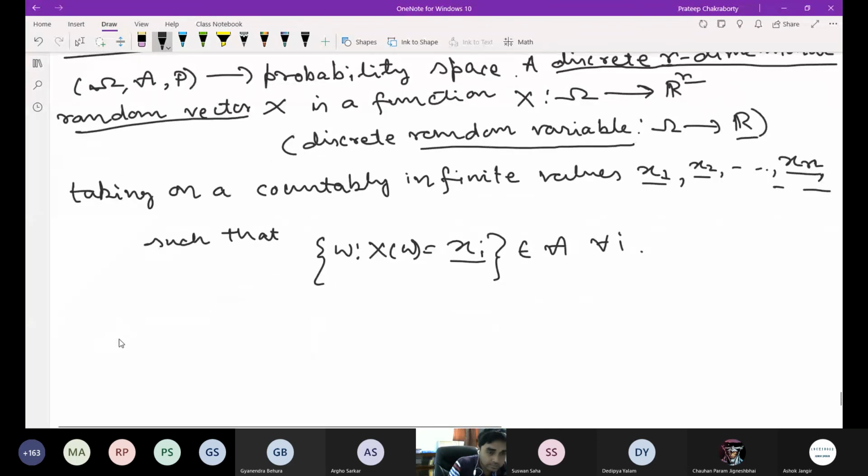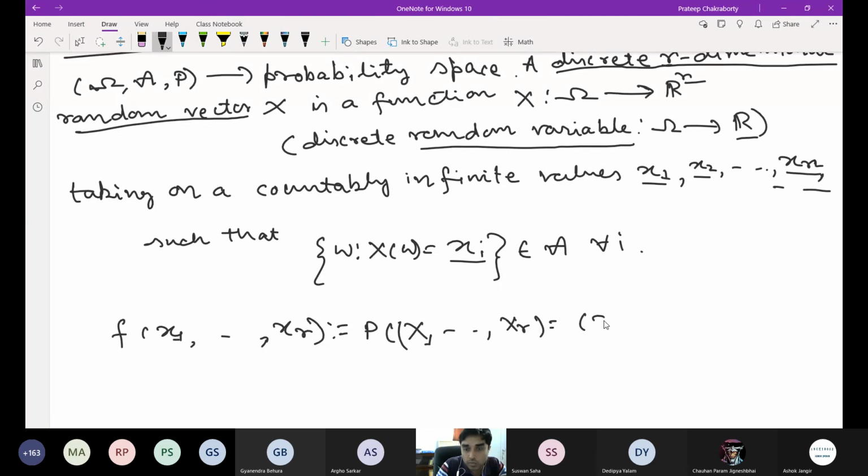Here we also define the density function f of x1 up to xr as P of X1 equal to small x1, X2 equal to small x2, and so on, Xr equal to small xr.